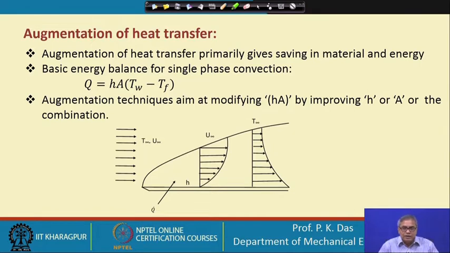So, there are many ways of enhancing h, and there are ways of enhancing the area A also. There are some ways by which the combination can be improved, that means both h and A can be improved. So, we will see some of them.